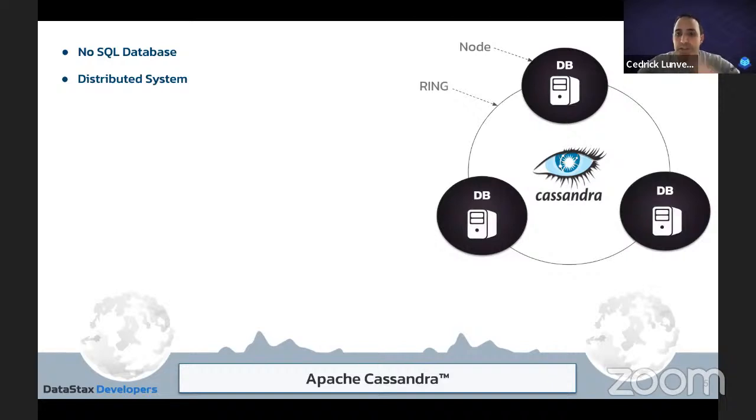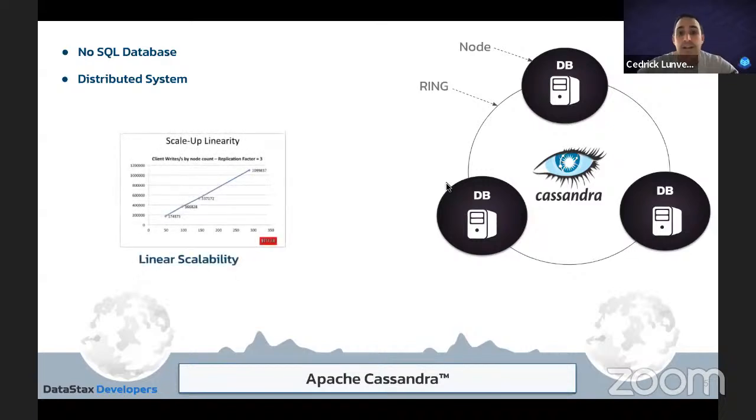So what you want to do is install Cassandra on multiple machines, multiple nodes, and those machines all together are what we call a ring. This database is used when you do have a lot of data. Why? Because in this distributed system, you can add as many nodes as you want. If you need more capacity, more power, more throughput, more transactions per second, you will add nodes. Famous users of Cassandra are Netflix and Apple.